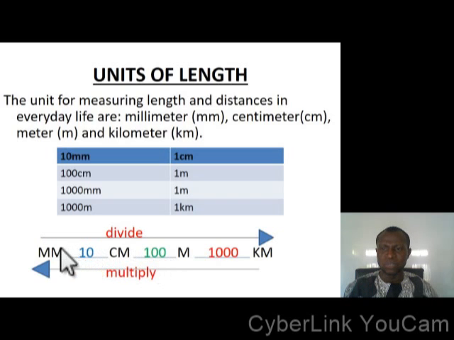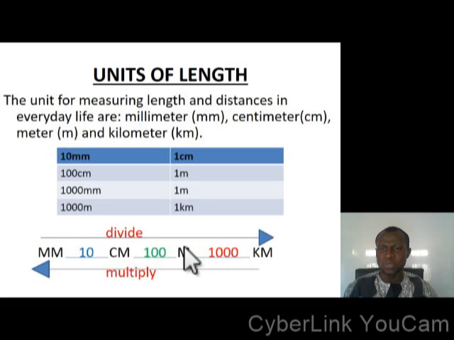So switching from millimeter to meter, you divide by 1000. If you are switching between millimeter and kilometer, you multiply 10 by 100, which gives 1000. Then 1000 times 1000 gives 100,000. So you have to divide by 100,000 if you are converting from millimeter to kilometer, and so on.